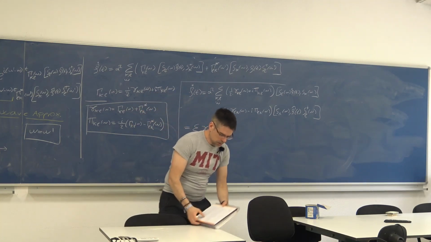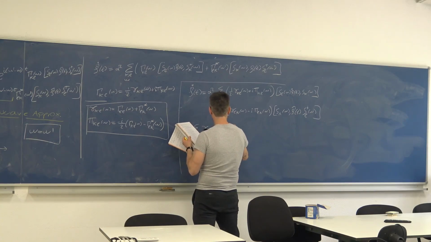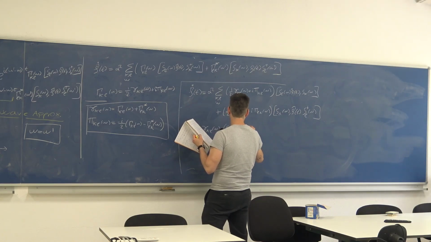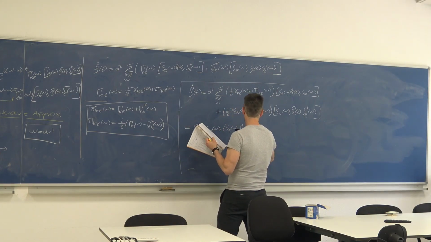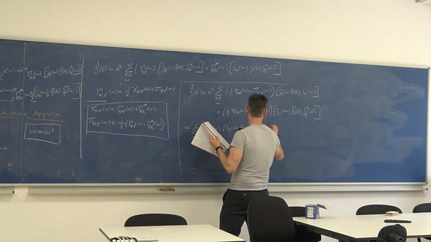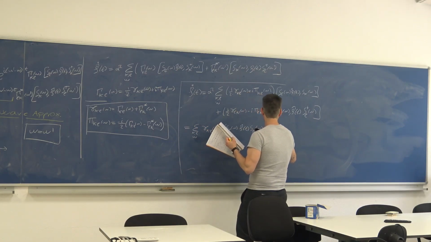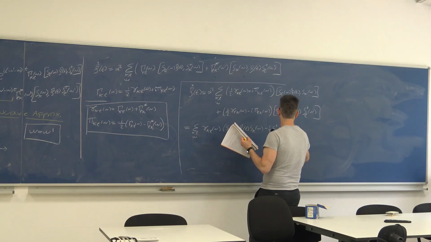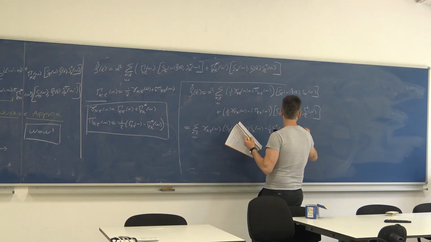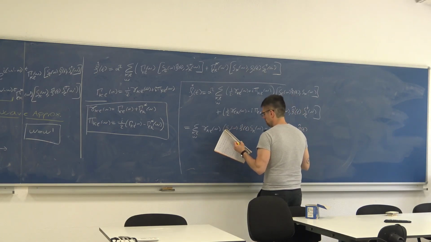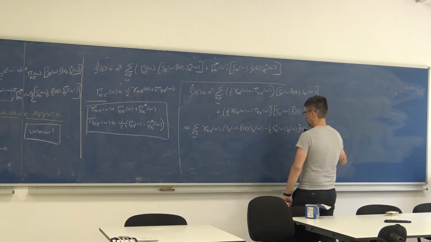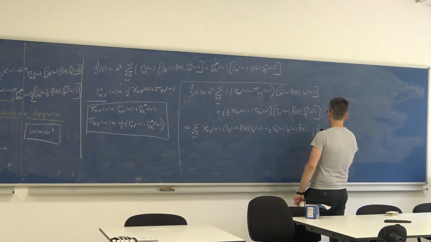Let me copy it: SL of omega rho hat of t Sk of omega minus 1/2 Sk dagger of omega Sl of omega rho of t minus 1/2 rho of t Sk dagger of omega Sl of omega.